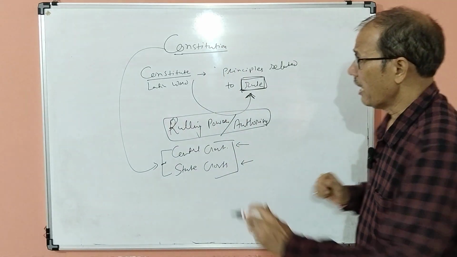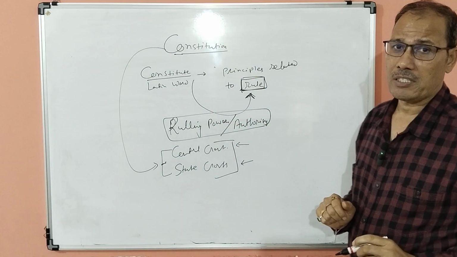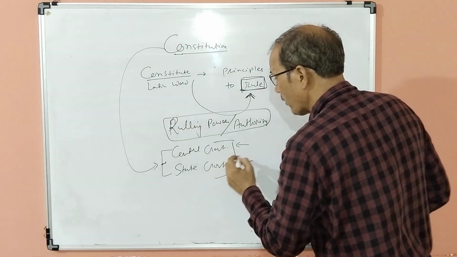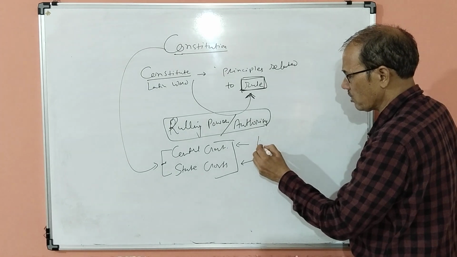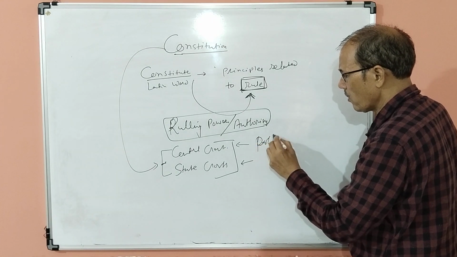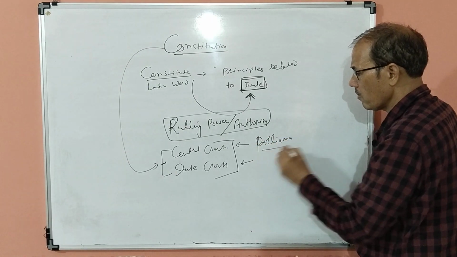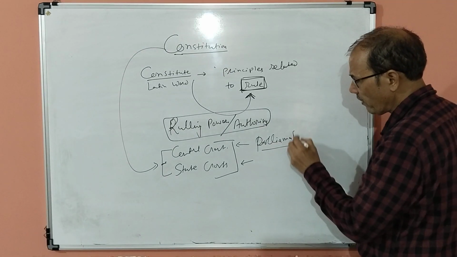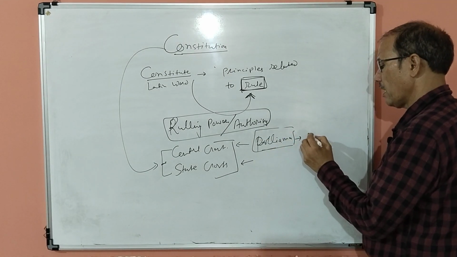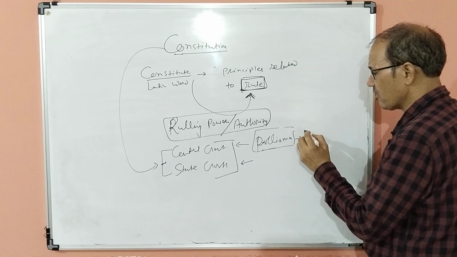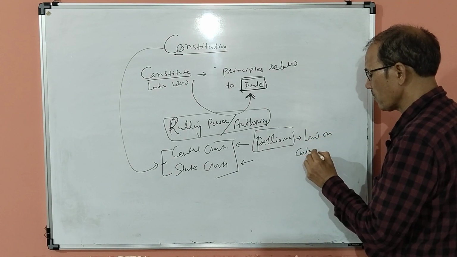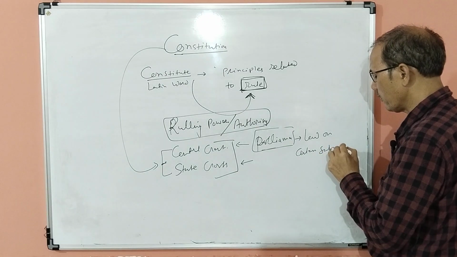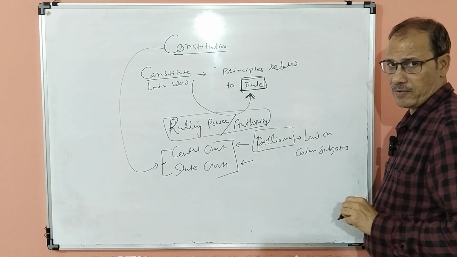But if it is not mentioned in the constitution, yet the constitution gives authority to the central legislature, the Lok Sabha or the Parliament, it can frame any rule, any legislation, any law on certain subjects mentioned in the constitution.